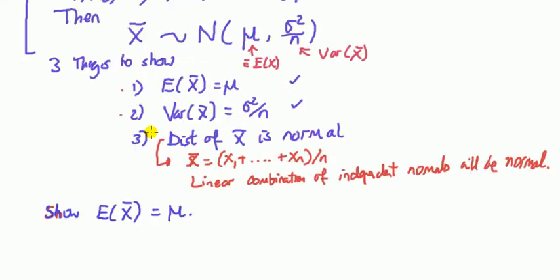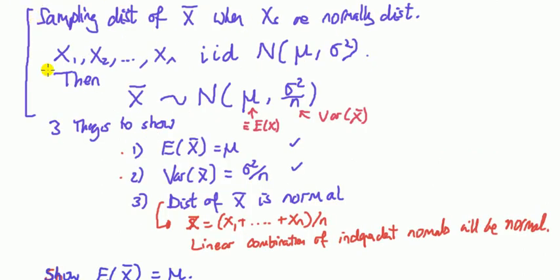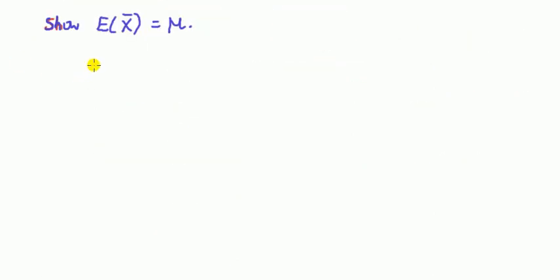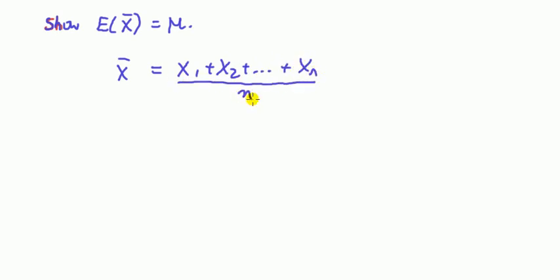The only things that we can use are in this box: that the x's are IID, independent identically distributed, each normally distributed with mean mu and variance sigma square. So we can start off by stating: what is x bar? X bar is the sum of each of these x's divided by n.